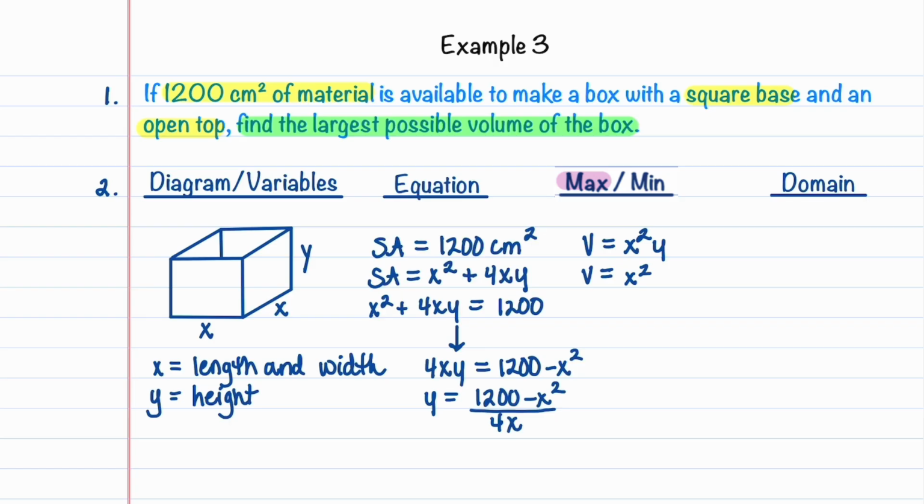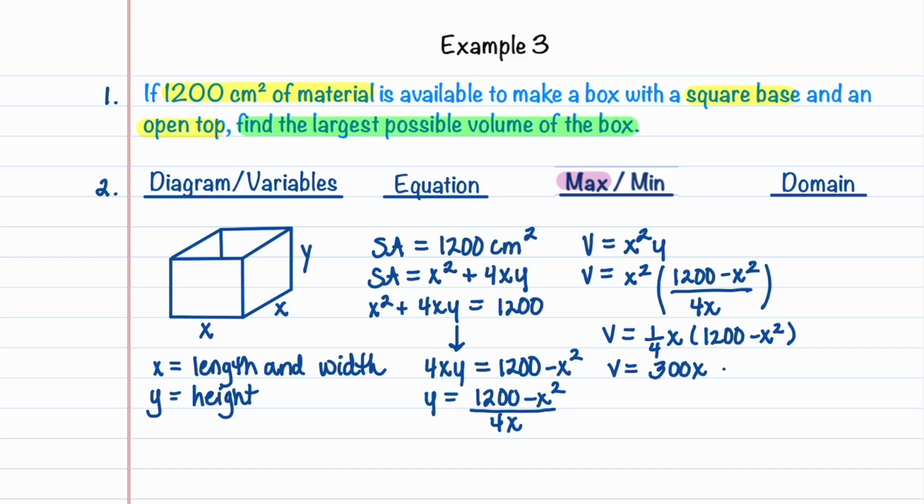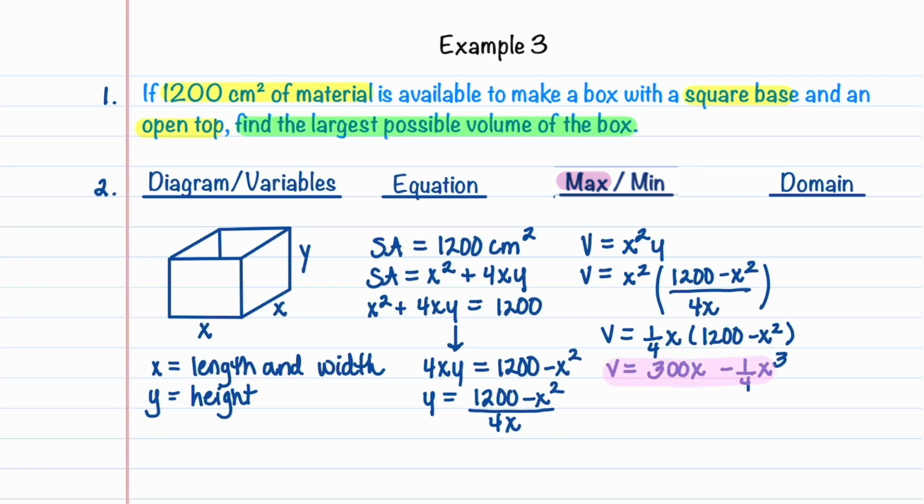So we have x squared times 1,200 minus x squared, all divided by 4x. Looks like one of the x's is going to cancel. So we end up with 1/4 x times 1,200 minus x squared. Let's go ahead and multiply this through. So we have our v is equal to 300x minus 1/4 x cubed. And we are going to need that, so I'm going to go ahead and highlight that.